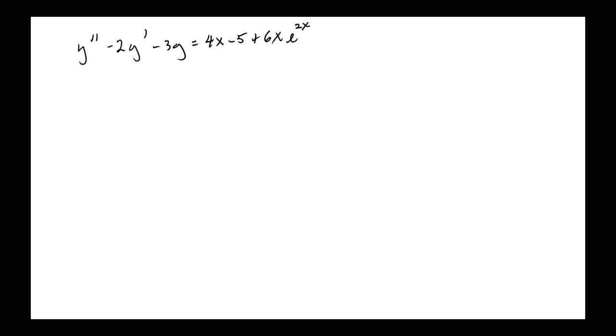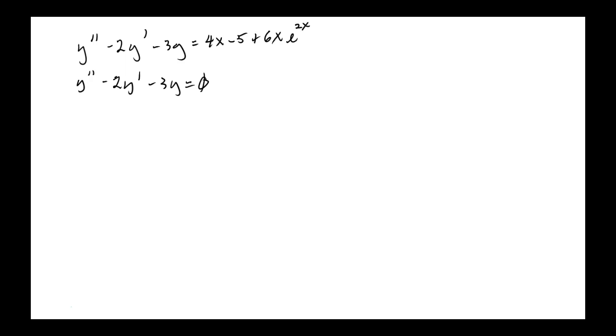Okay. Actually, before that, I would do y double prime minus 2y prime minus 3y equals 0. We call that the complementary solution. I thought that was homogeneous.